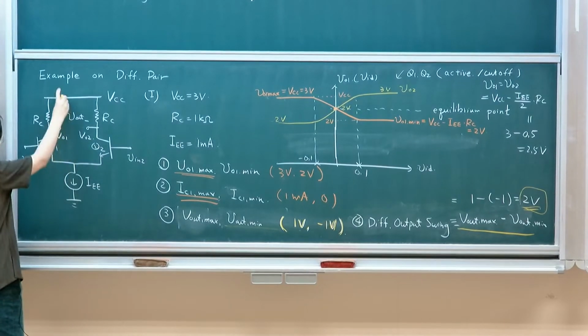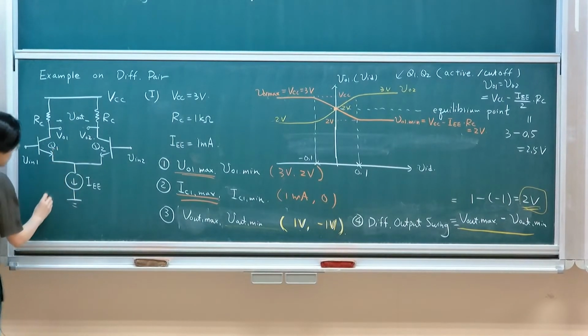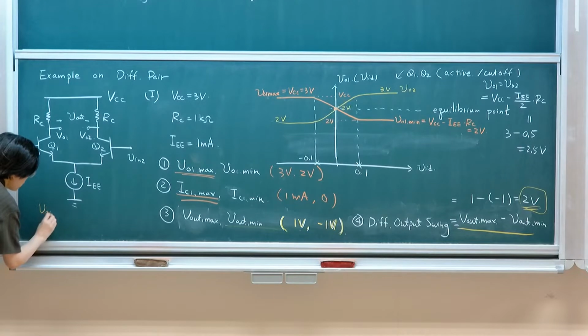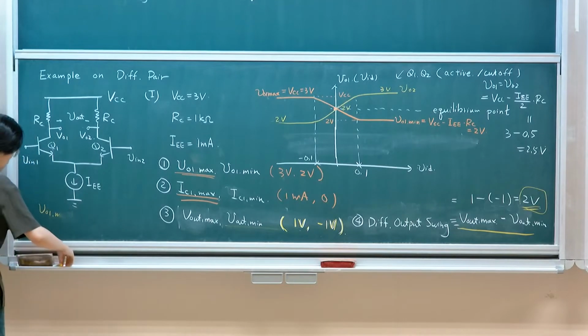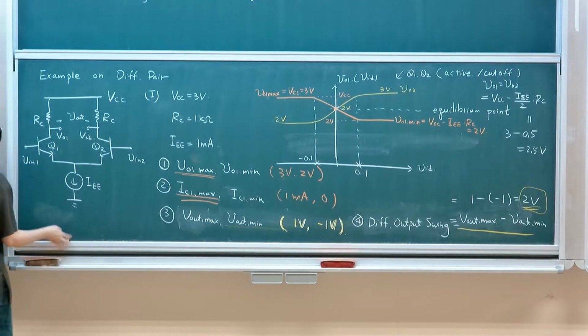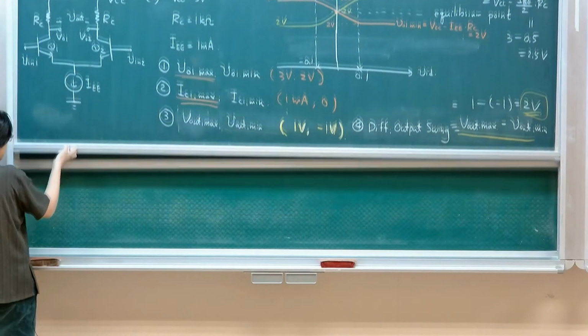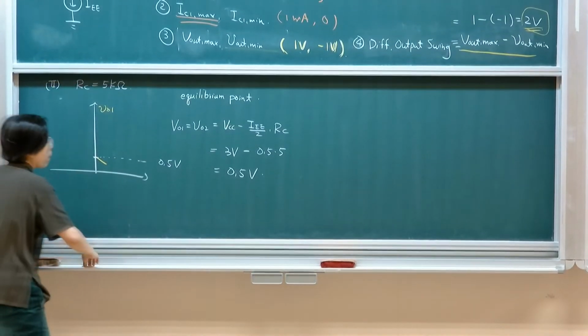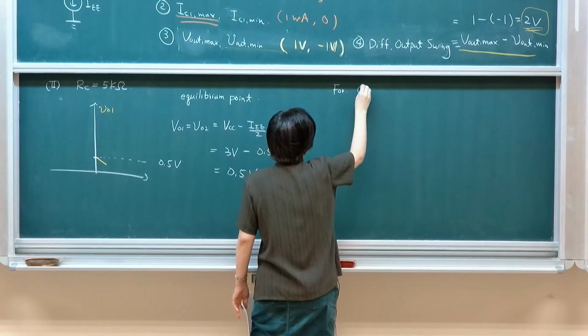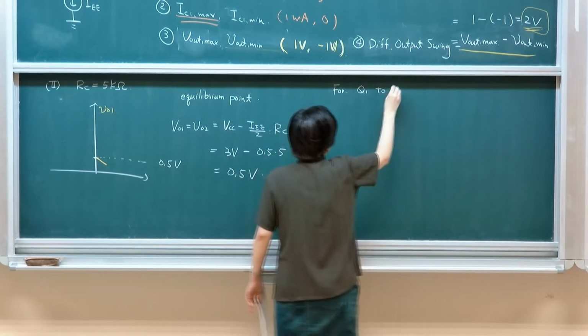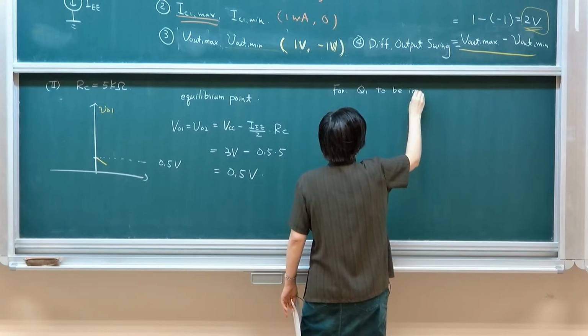The minimum voltage, if I'm only looking at a single branch, VO minimum. Let's just look at it for Q1 to be active.